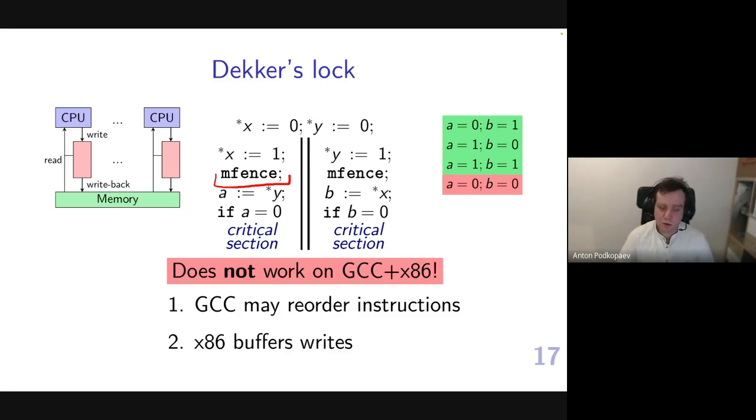Once you execute the instruction, the write buffer will be flushed to memory, or you could think about it in the opposite direction: you couldn't execute the instruction until the buffer is flushed. So that would prevent getting the outcome A equal to 0, B equal to 0.